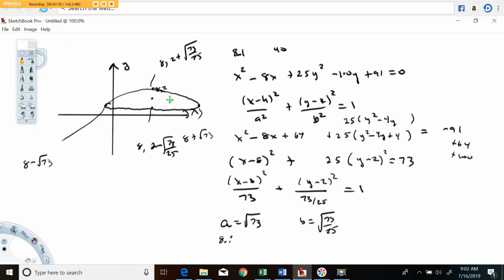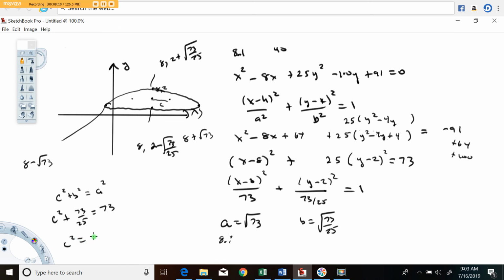The foci are going to be here and here, where this distance is c, where c squared plus b squared equals a squared. Here a is whatever the long axis is; had the ellipse opened vertically, it would be the other distance. So c squared plus b squared, where b squared is 73 over 25, equals a squared, which is 73.